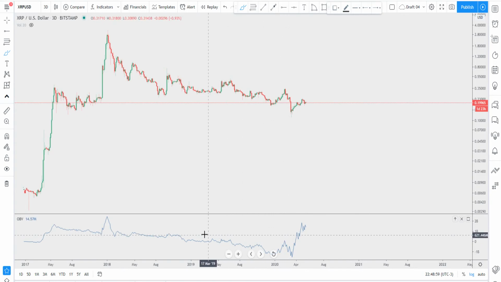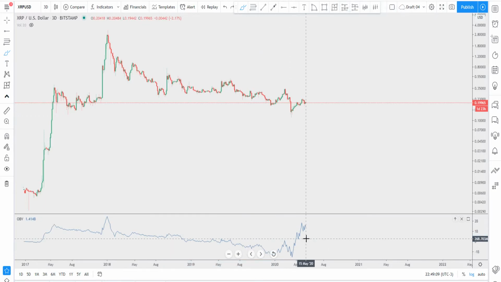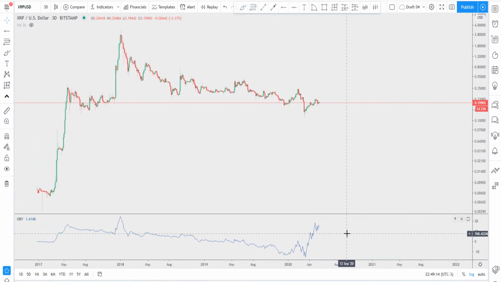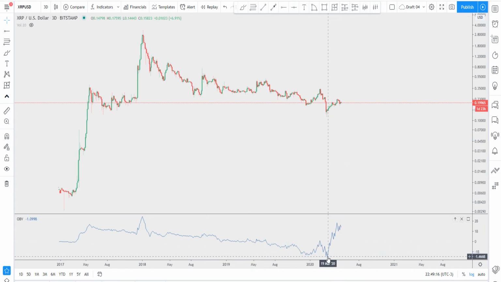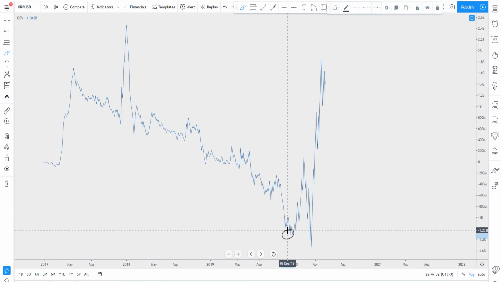Okay, so even this one here, and then this one, and then our bottom was, let me see. Okay, if I'm not wrong, this was 11 cents, and this one here was 17 cents. Okay, so it is not a double bottom, far away from it, but was very close.